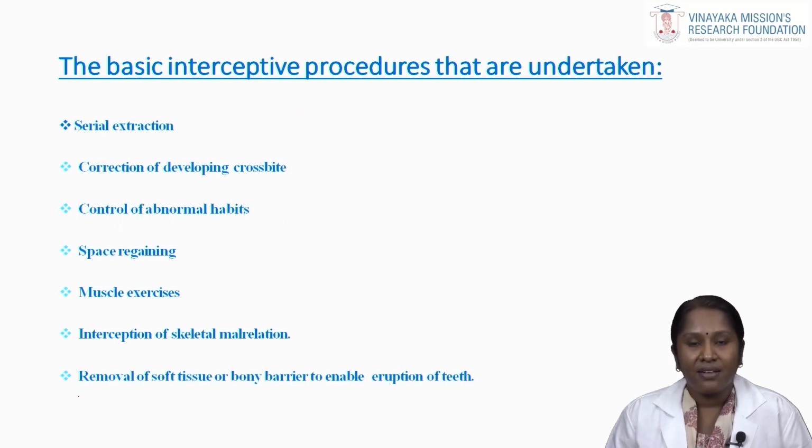There are basic interceptive procedures that are undertaken: serial extraction, correction of developing crossbite, control of abnormal habits, space regaining, muscle exercises, interception of skeletal malrelation, and removal of soft tissue or bony barriers to enable eruption of teeth.